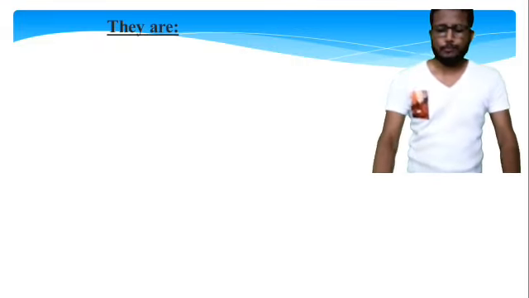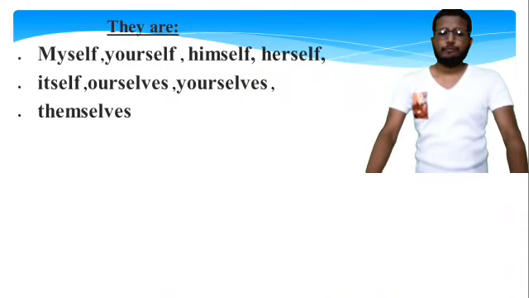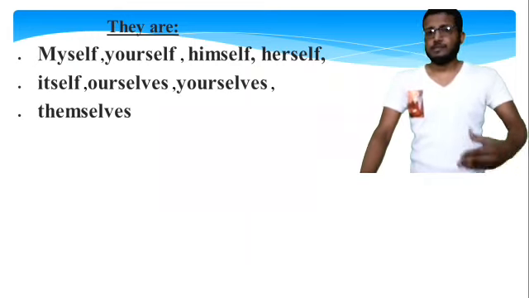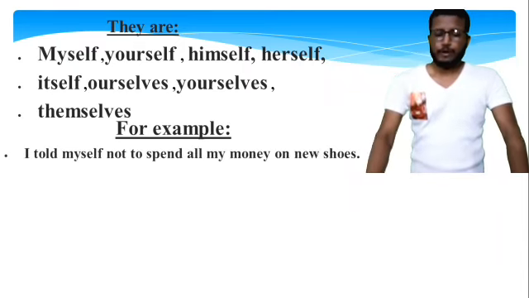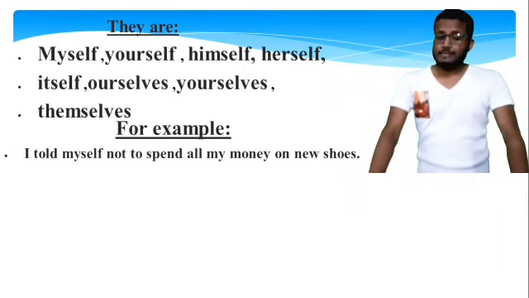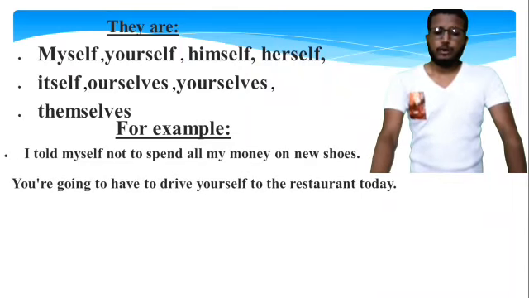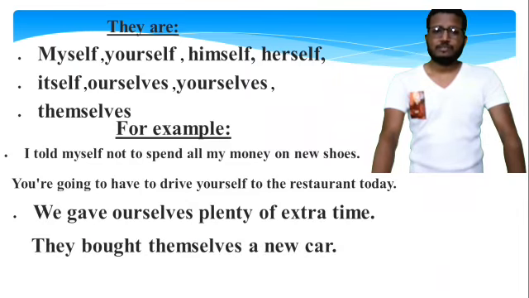Examples of reflexive pronouns are myself, yourself, himself, herself. Hope you have understood. The self ending, and the selves ending for plural. Such types of words are called reflexive pronouns. So, for example: I told myself not to spend all my money on new shoes. You are going to have to drive yourself to the restaurant today. We gave ourselves plenty of extra time.